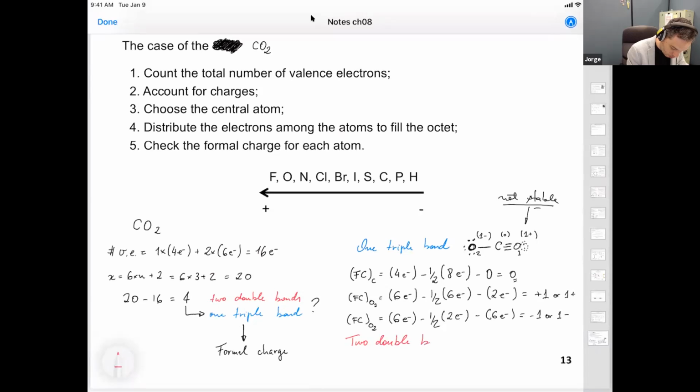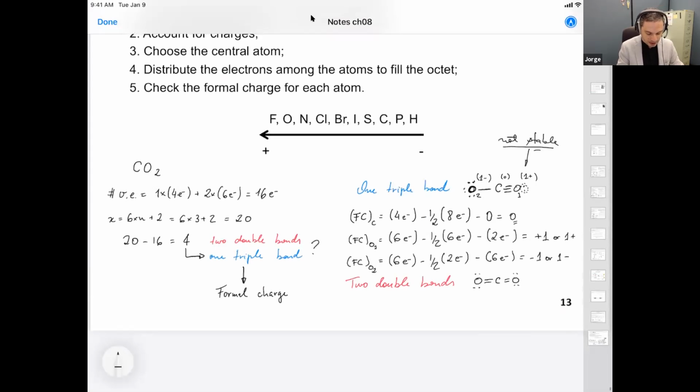Now with 2 double bonds, we still have carbon in the center, but this time 2 double bonds for both oxygens. So to connect the atoms, again, we spent 8 electrons. There are 8 leftover electrons that we are going to use to fill up the octet of the oxygen atoms.